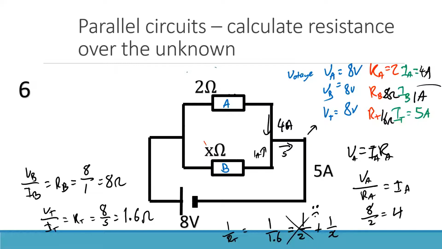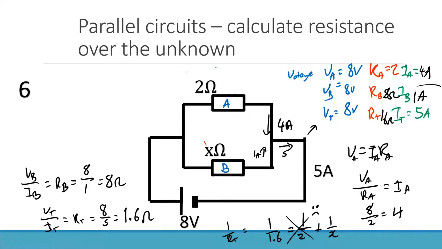Yeah, you could find the total resistance at the start. Sorry, someone just suggested to me you could have found this quite easily at the start because we already knew this one and this one. I didn't think that was useful because once we worked out this, it's going to be very difficult for us to work out this 8 ohms because you're going to have to do something like this. 1 over 1.6 is going to become 8 over 5.